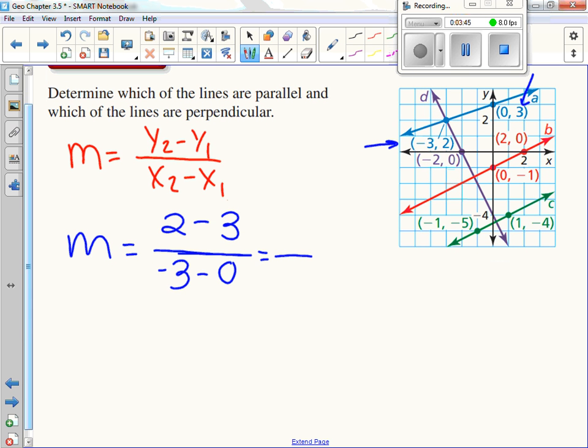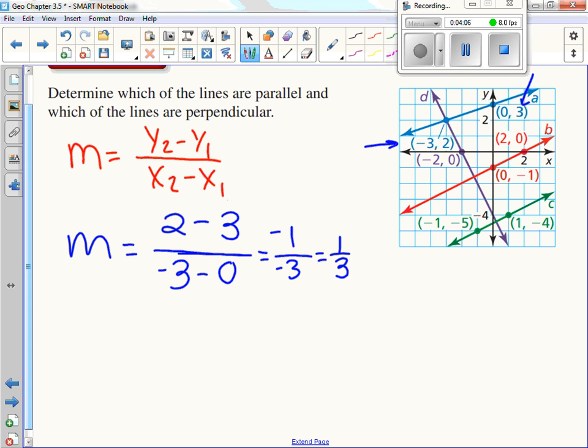2 minus 3 is -1. -3 minus 0 is -3, so we get 1/3. So the slope of line A is 1/3. Would we agree with that one there?